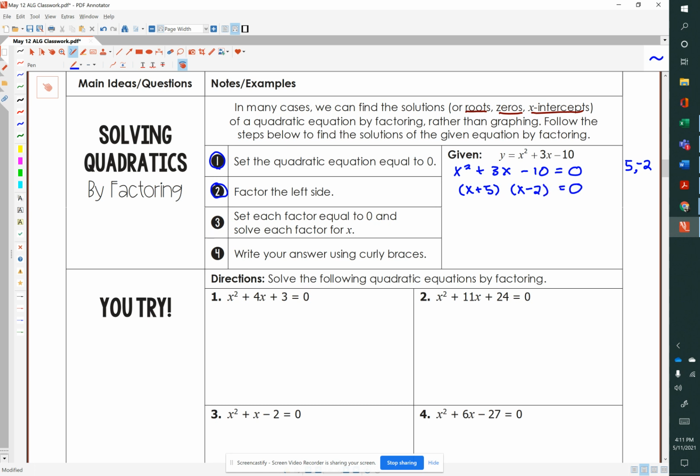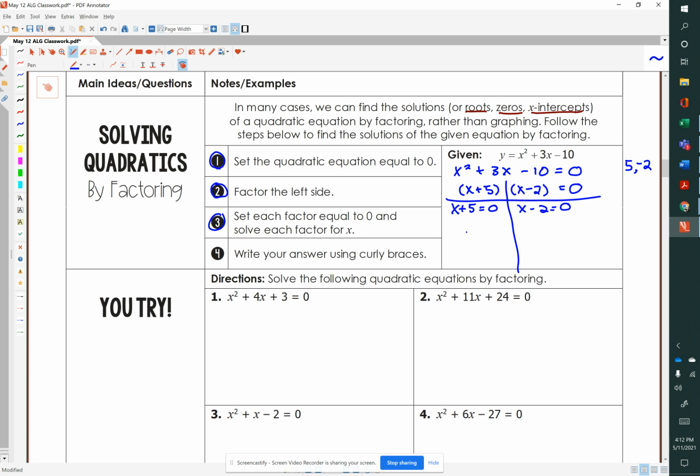Now, the next step is something new. We're going to set each factor equal to 0 and solve each factor for x. So we'll make a T, and we have x plus 5 equals 0, and x minus 2 equals 0.